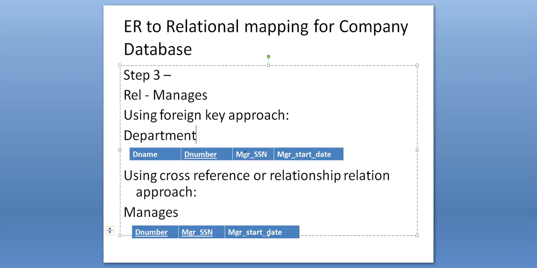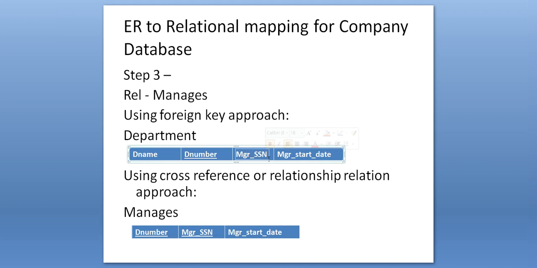You can use the same name here, without mgr you can use only ssn, but I have changed it to mgrssn, representing the manager ssn. And here it is a foreign key referring to the employee relation. That's why the foreign key is the primary key of the employee relation.